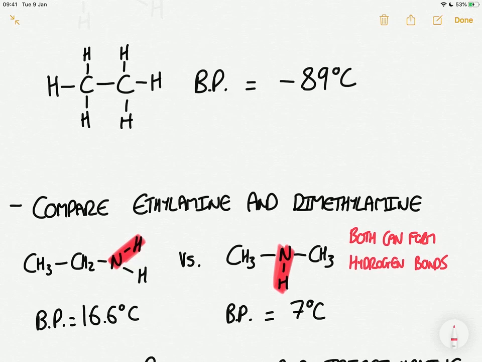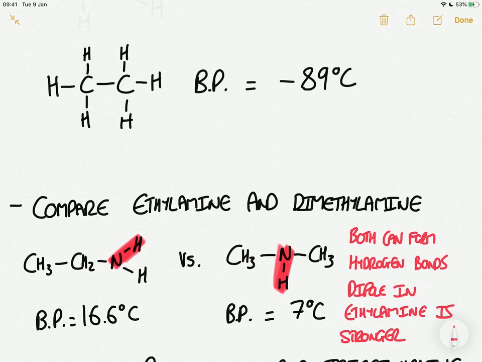But the simple explanation is, we'll say that the dipole in ethylamine is stronger. The NH bond polarity might be slightly stronger in ethylamine, and this is to do with the fact that it's on the end.